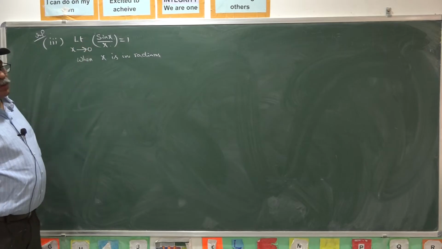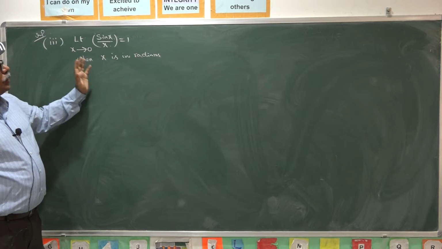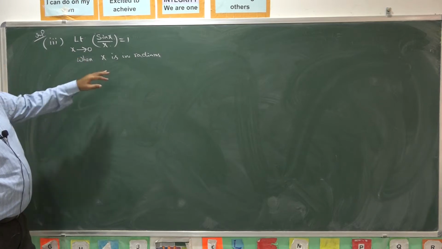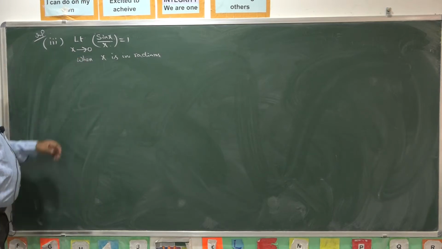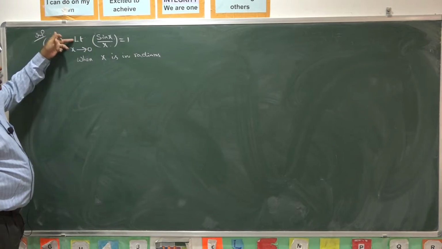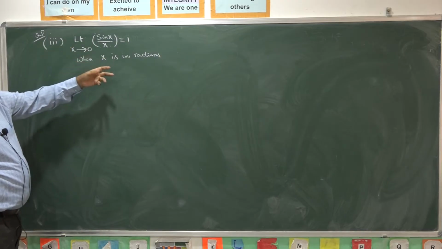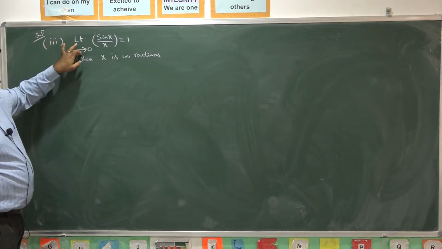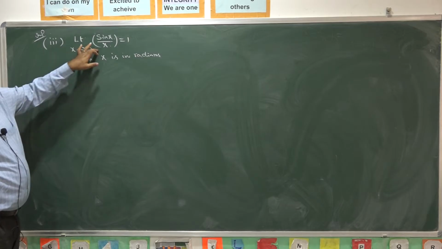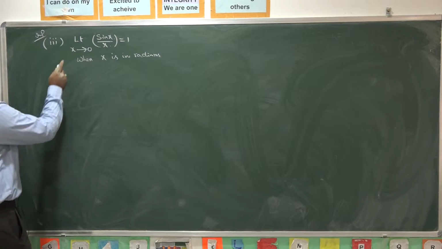This is the formula very useful in the evaluation of limits of trigonometric functions. Because sine is a trigonometric function, once the function is of the form sin x by x, where x is measured in radians, limit as x approaches 0, that is always equal to 1. This is very important.